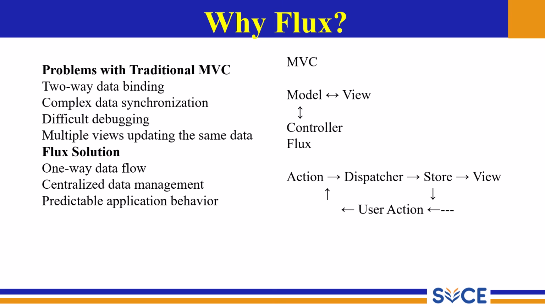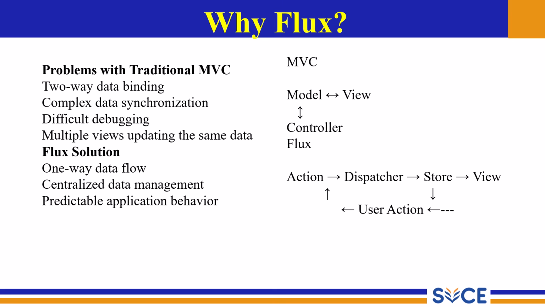Now suppose a customer adds one item. Every page must update immediately. The model keeps communicating with multiple views. Views may also directly update models. This creates two-way communication. Problems include difficult debugging, circular updates, complex synchronization, unexpected bugs.